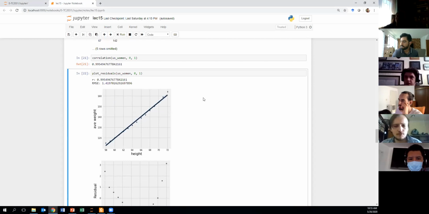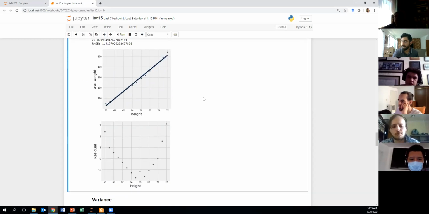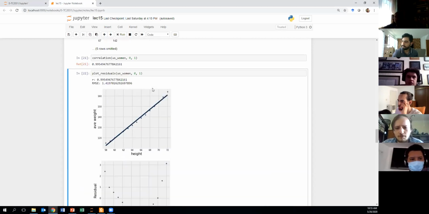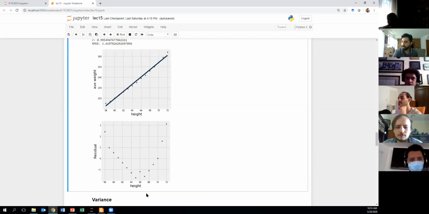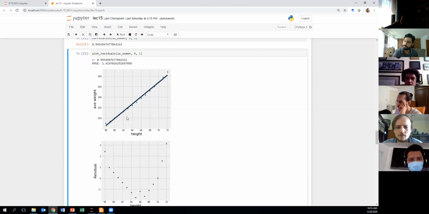Yes. I let you decide about it, but true. You can see here it looks linear, but if you pay more attention, it has a slight curve. That's why we see this pattern in the residual plot. So you might try to fit a nonlinear equation to this, and most probably you're going to get better results.